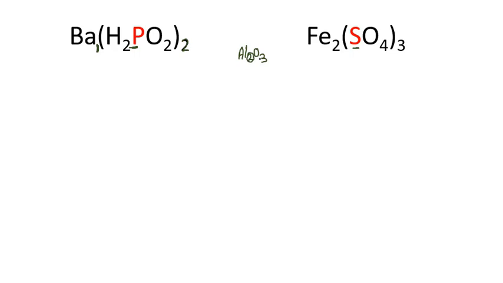This is 2 and this is 3, so we can crisscross. 3 will go to the first element, first one is always positive, and 2 will go to the oxygen, and the second one will be the negative. So in this case you can see aluminum will have +3 charge and oxygen will have -2 charge. By crisscrossing these numbers, we can calculate the charge of these elements.